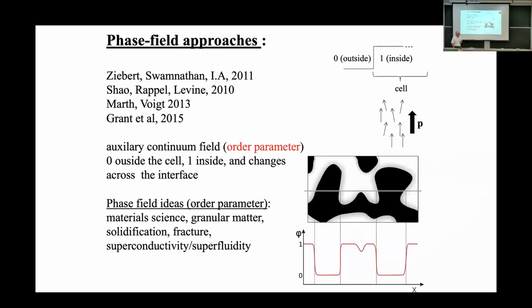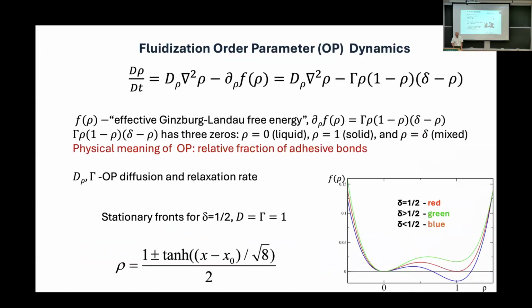Okay, and then we introduce the order parameter, which we already presented in previous lectures. It's the same game. We introduce the fluidization of the parameters described by this reaction-diffusion equation, or the Ginzburg-Landau equation, which has a bistable potential.